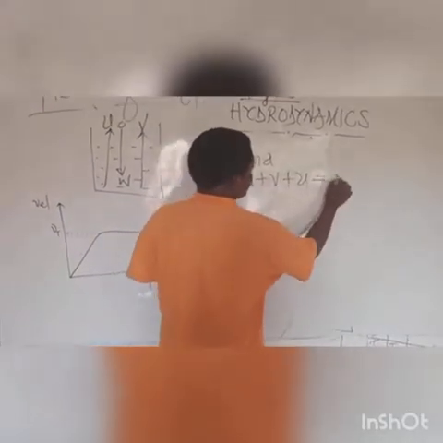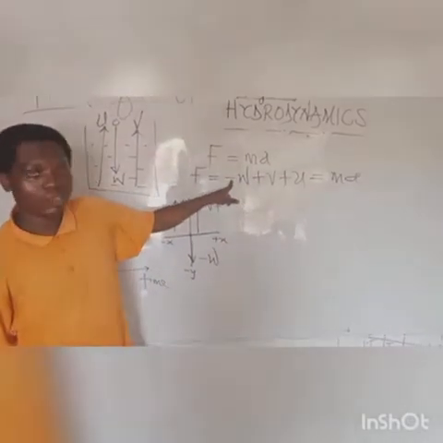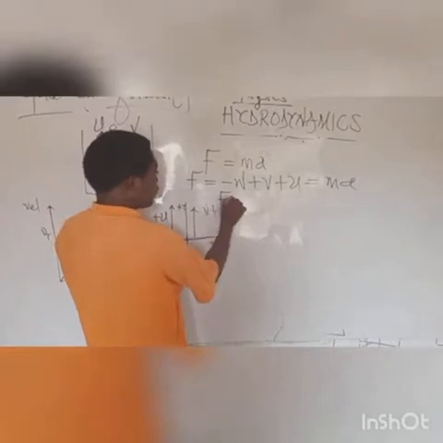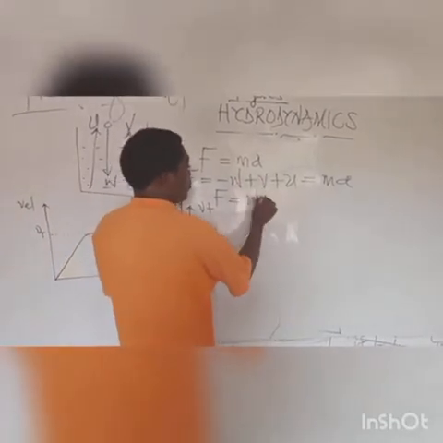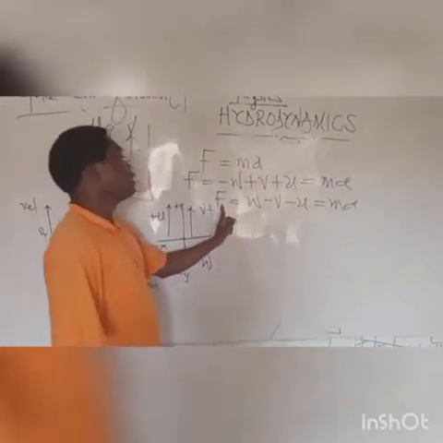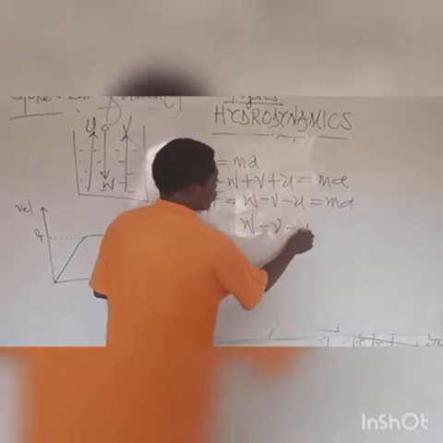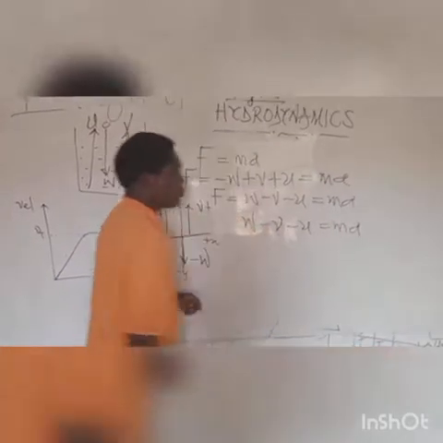And that will be equal to what? ma. By multiplying by the minus, you get W minus V minus U equals ma.